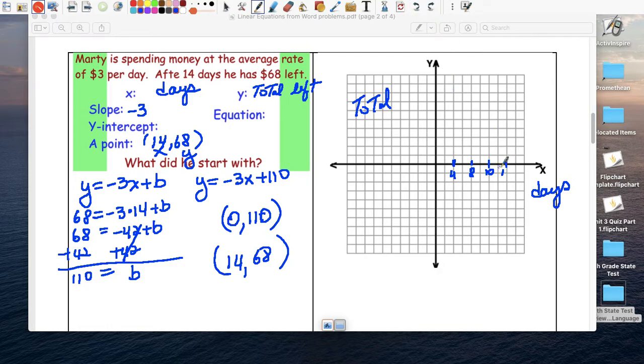No, that's 14. Sorry. We'll make every 2. Sorry, Mr. Choke. And 4, 8, 12. Let's make this 14. 16, I'm sorry. So in between would be 2, 6, 10, and 14 would be right here. So I know that at 14 he has $68. So up and down, I'm looking at the numbers 110 and 68. So again, we need a nice scale here. Make it as big as we can.